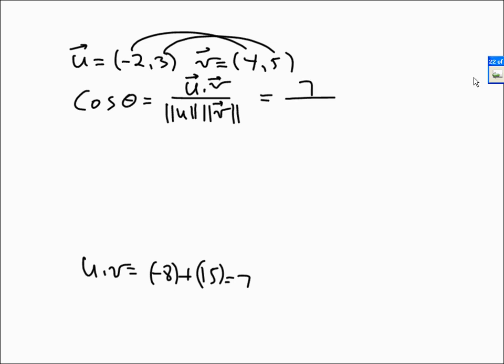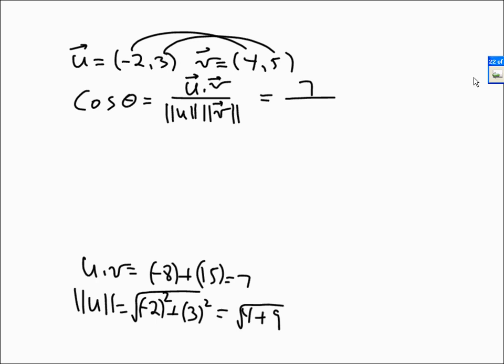So the top is 7. The length of u: u is negative 2, 3. You square the negative 2, you square the 3, you add them up, square root sign. Negative 2 squared is 4, 3 squared is 9. You get the square root of 13. Now we find the length of v.